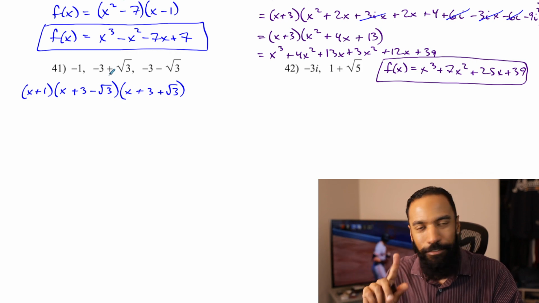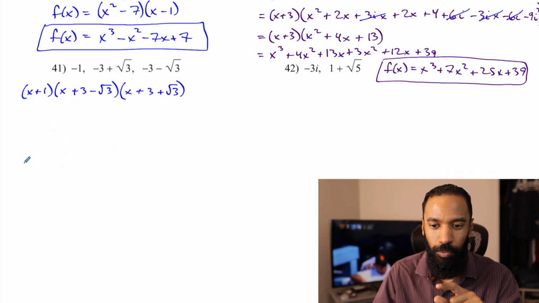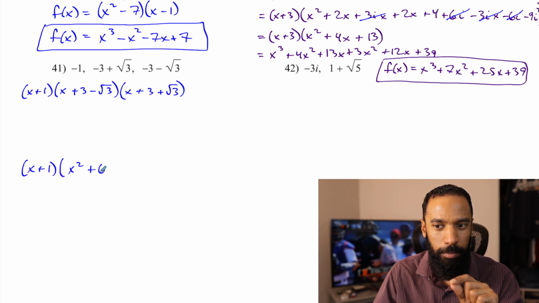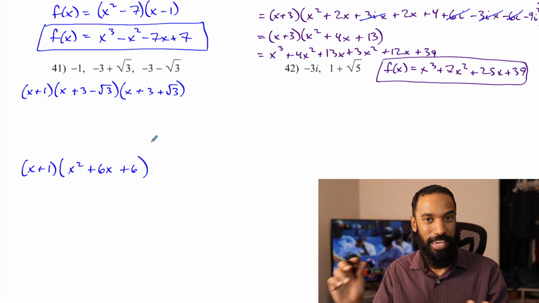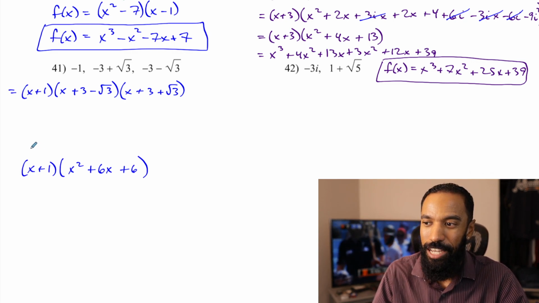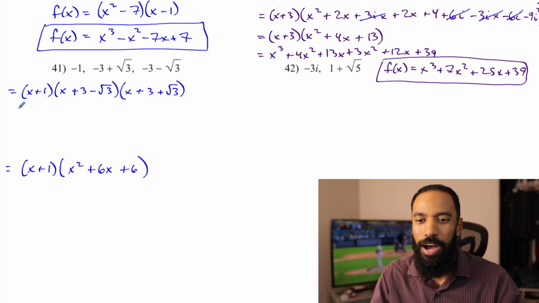I'm guessing if I do this right, and I don't know if I will, I'm guessing that this part will turn into x plus 1, let's see if I can get the pattern, into x squared plus 6x plus 6. That's going to be my guess. We'll see how I did. And if it is, then I'll go for that pattern for the next one, if I do it right.